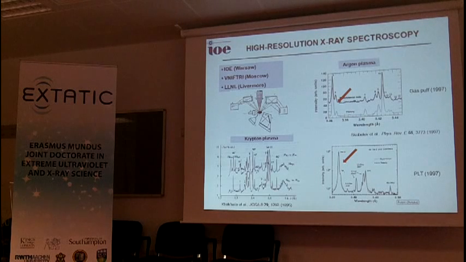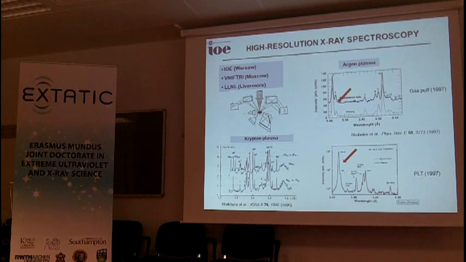sound velocity. But when you have a plasma produced with a gas puff target, it is more or less stable, okay, and there is no broadening because of the Doppler effect. So we are able to measure the lines which were not visible using laser plasma from solid material and from other plasma.